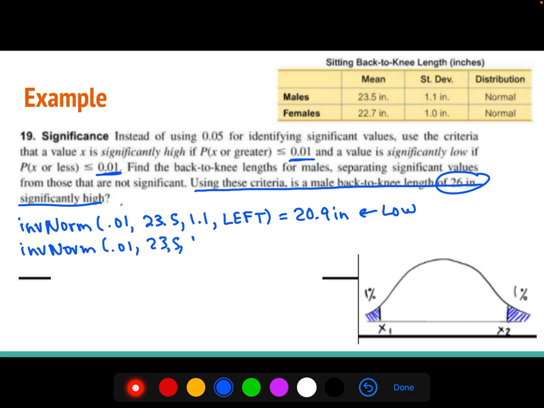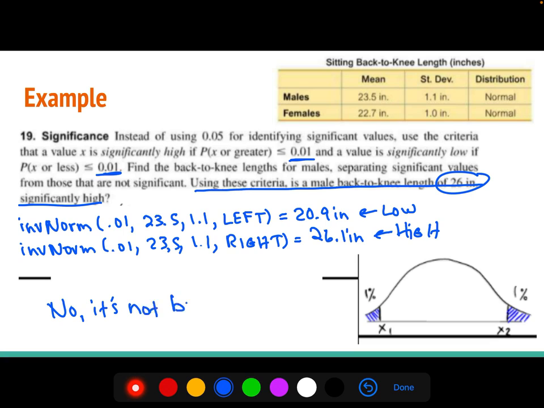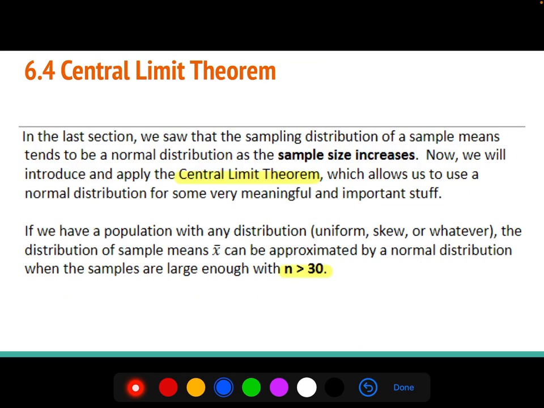If we do inverse norm and do the same numbers, but for the right side, that's our higher guys. And this time we get 26.1 inches for our higher. So that or higher is high. 26 is not, so the answer is no, because it is not bigger than 26.1. So no, it's not significantly high.